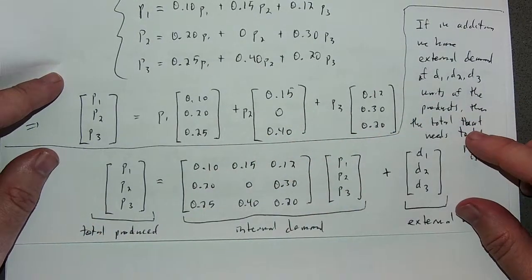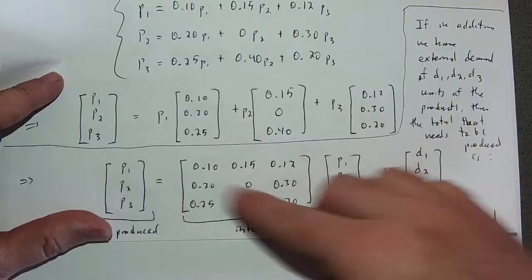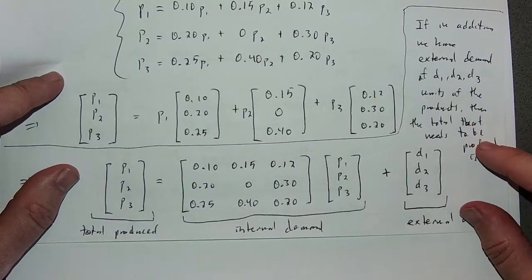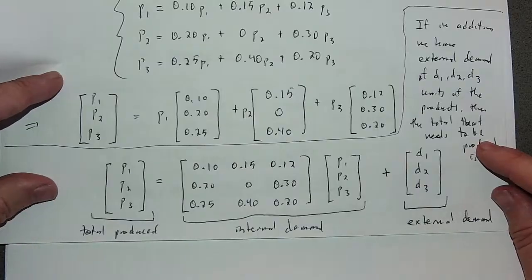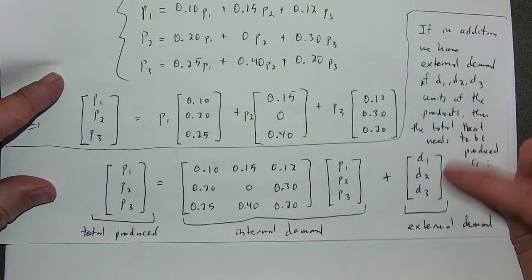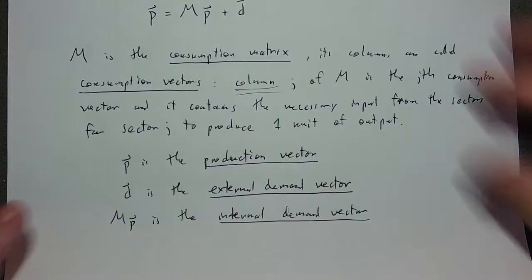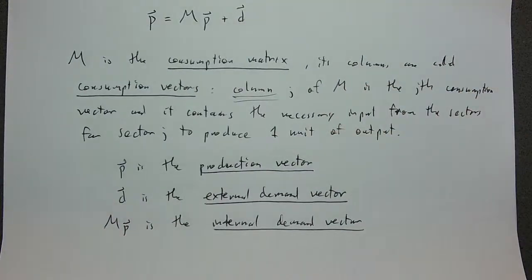Your goal production is telling you everything you need because it's telling you everything that these sectors need from themselves, from each other, in order to make this happen. Okay, so then external demand is the thing that comes from elsewhere. The demand is coming now from outside of those sectors. Okay.